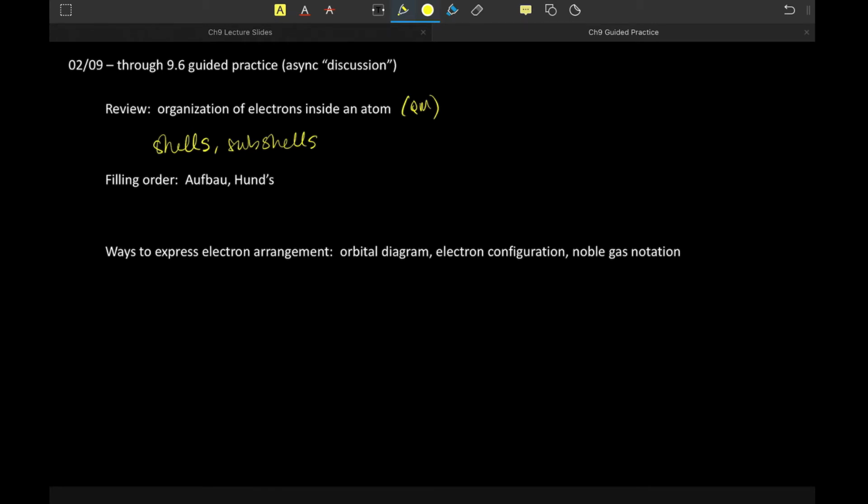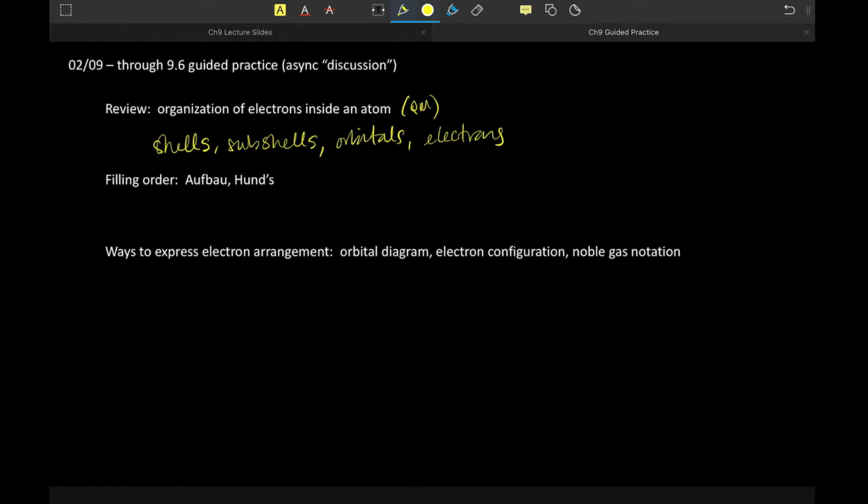So a subshell is the place in three-dimensional space where an electron is likely to be found. Beyond subshells, we have our orbitals, where the electrons actually are likely to be found, and then we have our actual electrons. So: shells, subshells, orbitals, electrons.